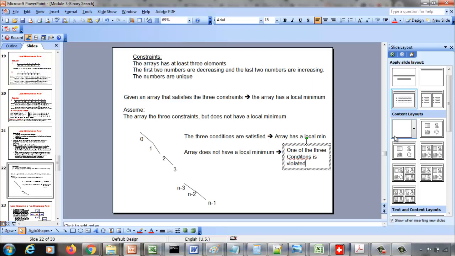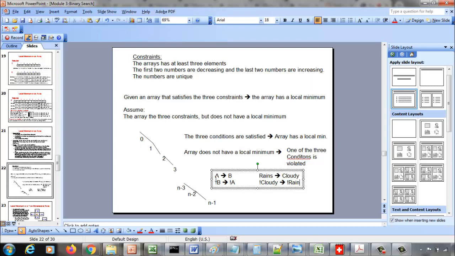So this is like what you should have seen in discrete structures, a theorem: if A implies B, then not of B implies not of A. Like this, if it rains, it implies it is cloudy. On the other hand, if it is not cloudy, it won't rain.